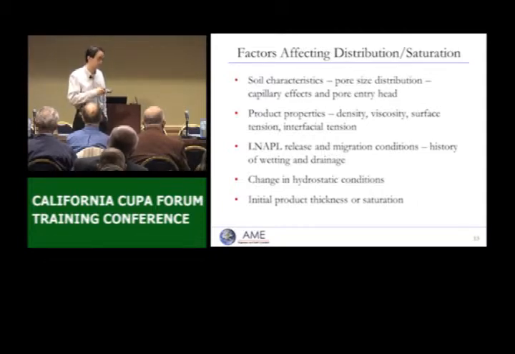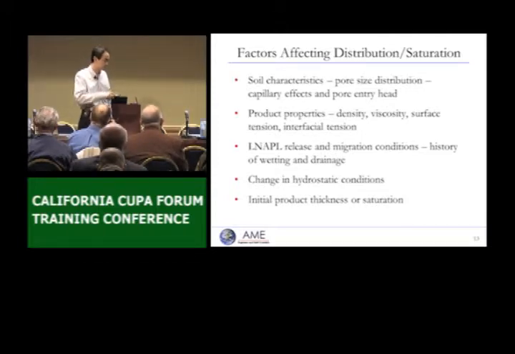The residual is proportional to the initial thickness. So it's not fixed like, say, 20% or 5%. The actual condition is more complicated. But anyway, these are just a walkthrough of the major factors.